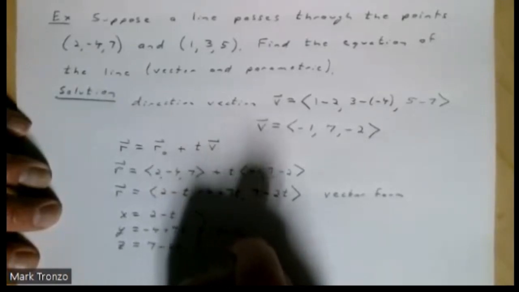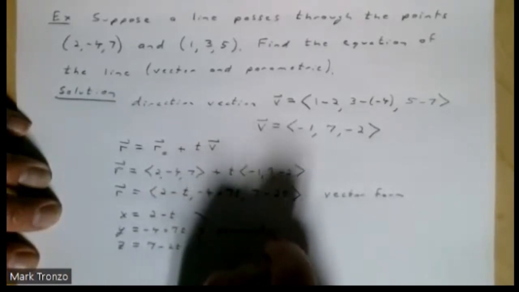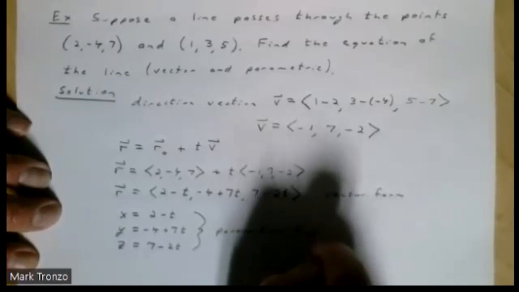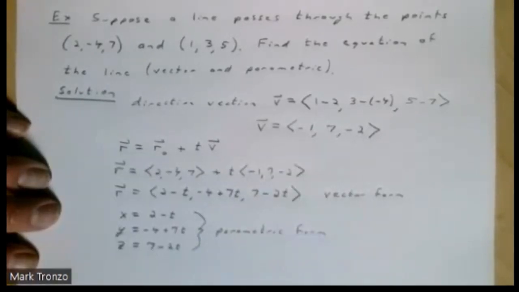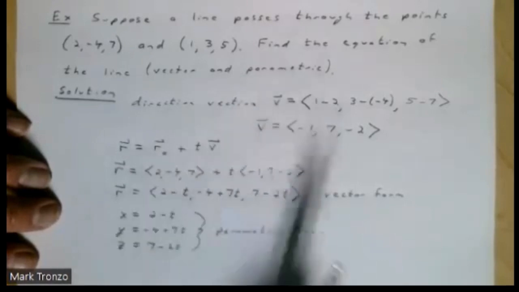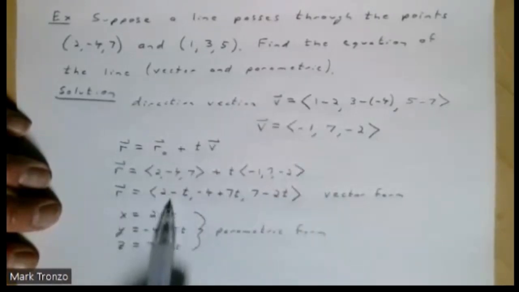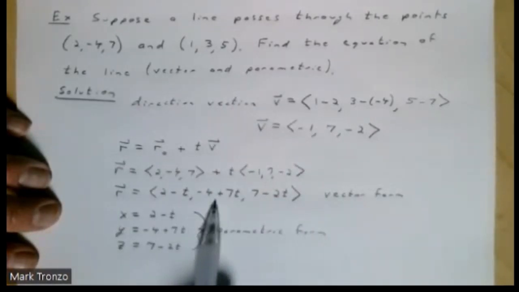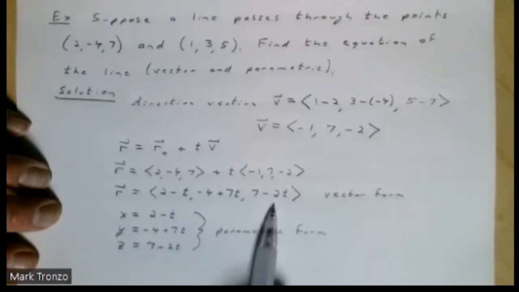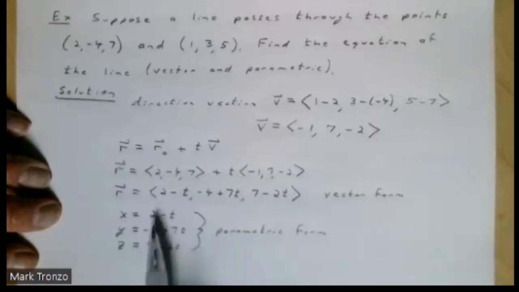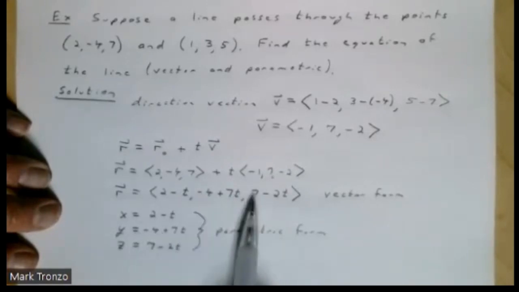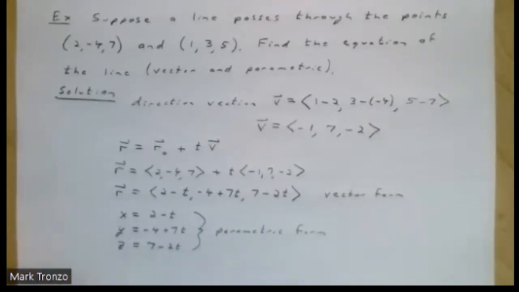And the parametric form, like that. And again, remember, the parametric form is just taking this is X, this is Y, and this is Z, and just setting X equal to this coordinate, Y equal to this coordinate, Z equal to this coordinate.